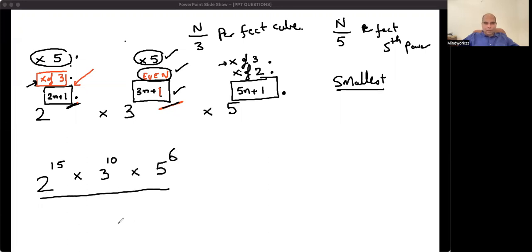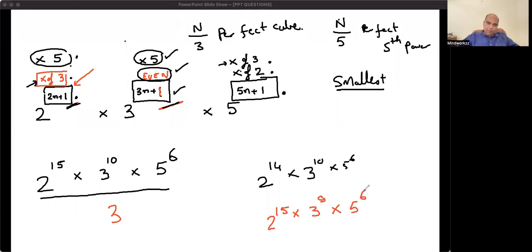You can check this. If I divide by 2, the number becomes 2 raised to 14 into 3 raised to 10 into 5 raised to 6. If I divide this by 3, on the other hand, this number becomes 2 raised to 15 into 3 raised to 9 into 5 raised to 6, which is a perfect cube, definitely, because all the powers are multiple of 3.